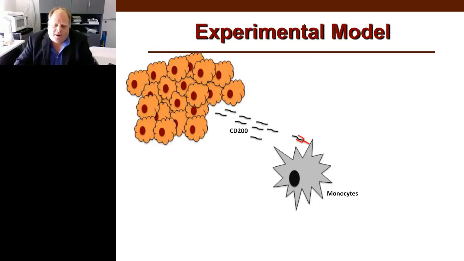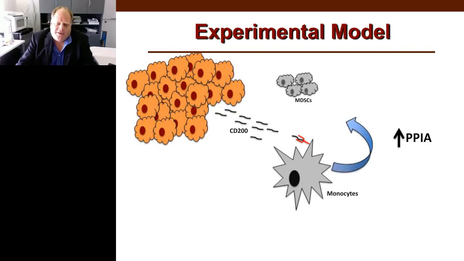So our experimental model is that CD200 upregulates PPIA and expands MDSCs, which results in immune suppression.